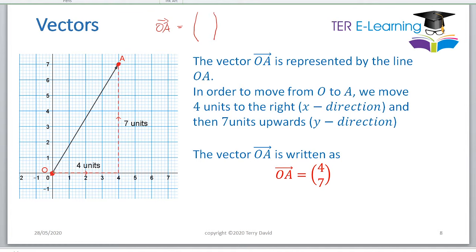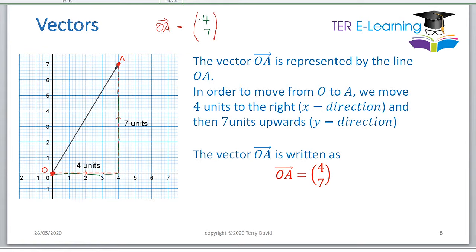Look how many units I'm moving: 1, 2, 3, 4 units. So I'm moving 4 units to the right, so I'm going to put the number 4 here. Then I'm going to go 1, 2, 3, 4, 5, 6, 7 units in the y direction. So the vector OA written in column vector format is 4, 7.